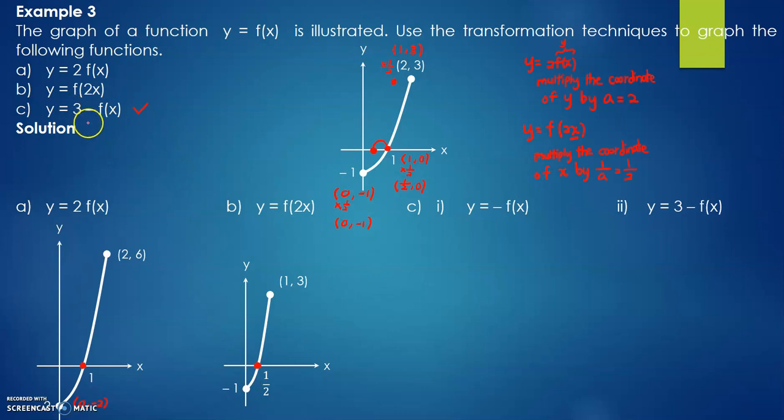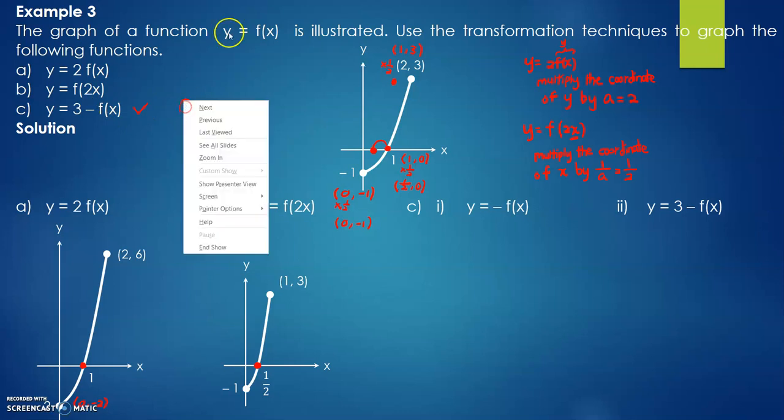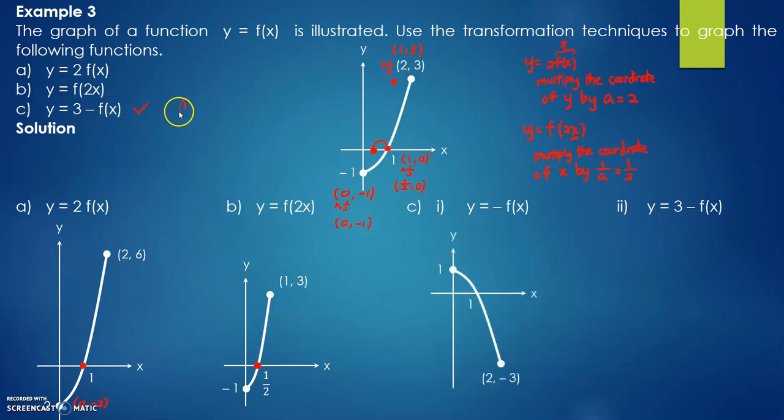So now come to the third graph, C. y equals 3 minus f(x). Suppose we try to sketch y equals negative f(x), which means that it will reflect on the x-axis.